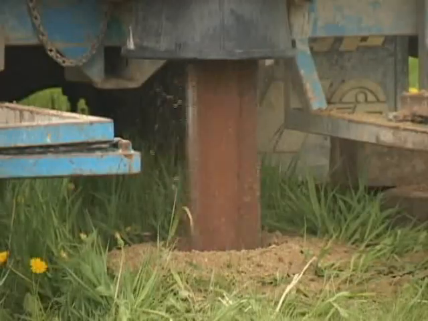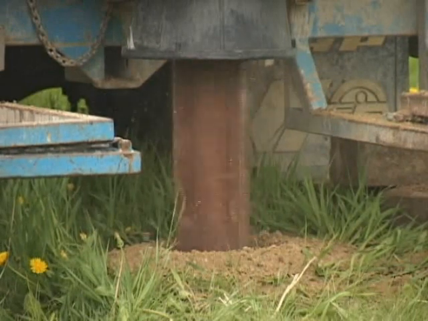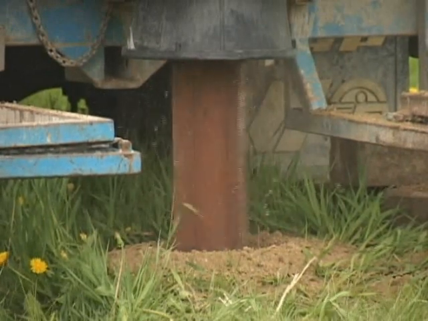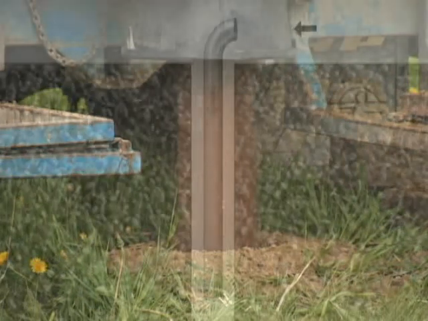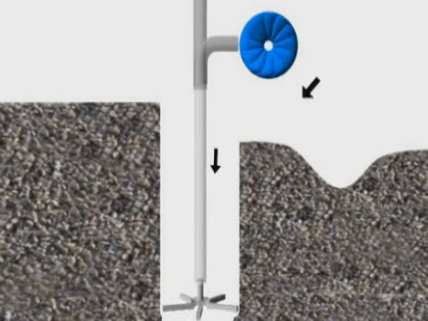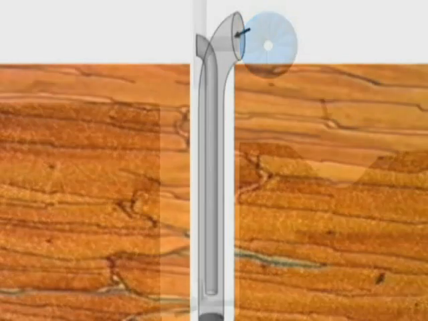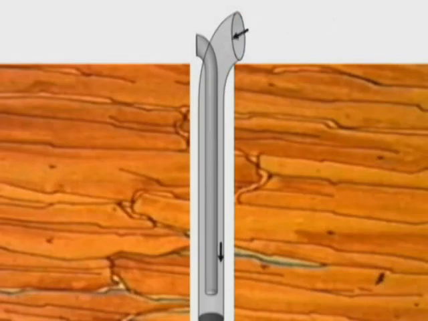Cutting actions that require circulation of the flushing media, usually air-based and/or liquid-based, will utilize one of 3 flushing media paths, which are direct or conventional circulation, reverse circulation, and dual pipe reverse circulation.